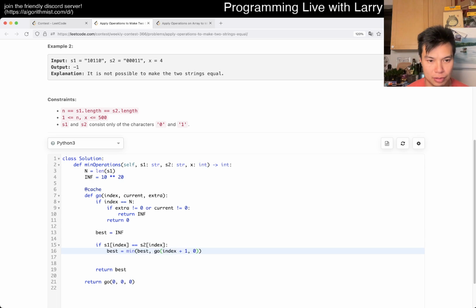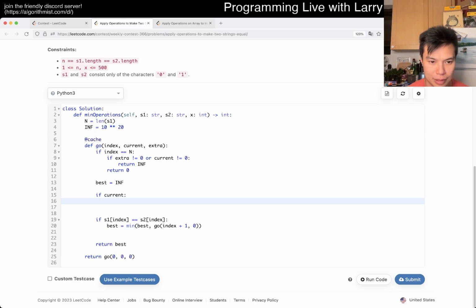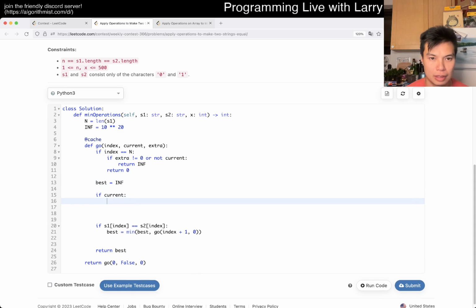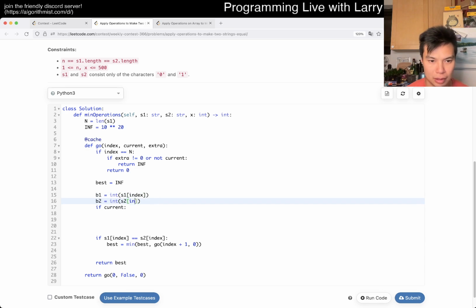Current is false. Well, okay, so if current, I guess I'll just don't confuse myself. If current, then yeah, okay. So the bit 1 is equal to s1 index, bit 2 is equal to s2 index, okay.